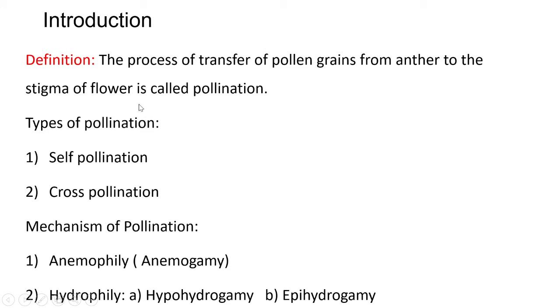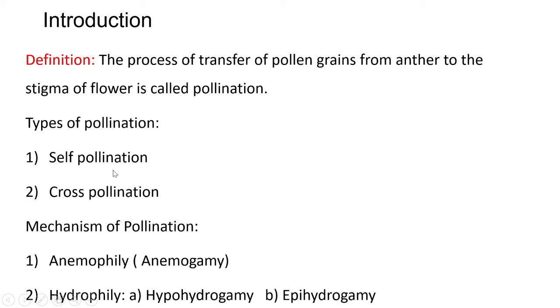On the basis of this point, there are two types of pollination, self-pollination and cross-pollination. Let us first of all see self-pollination. When the pollen grains are transferred from an anther to the stigma of the same flower, the process is called self-pollination.